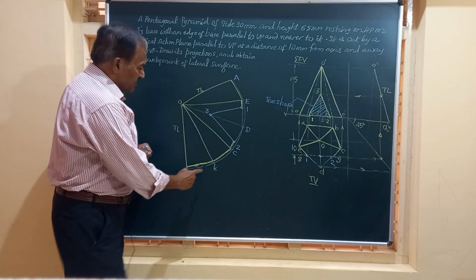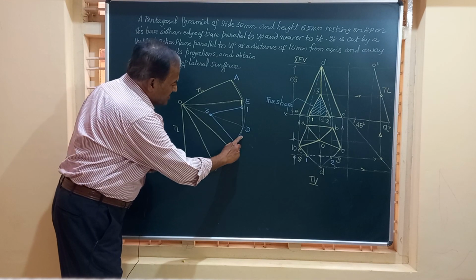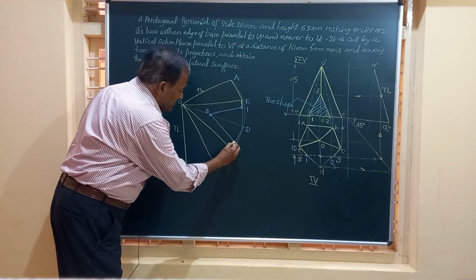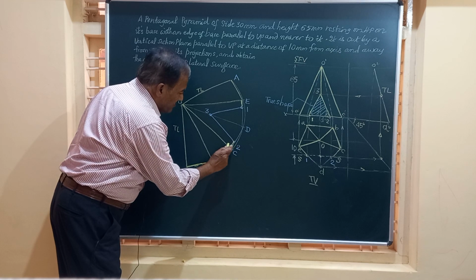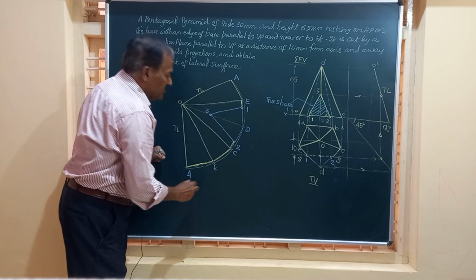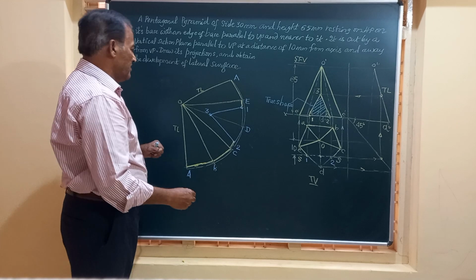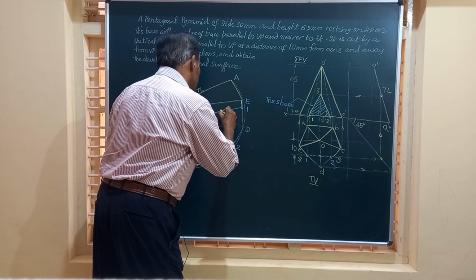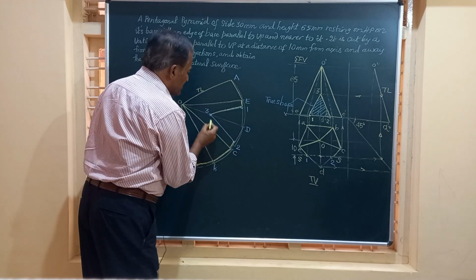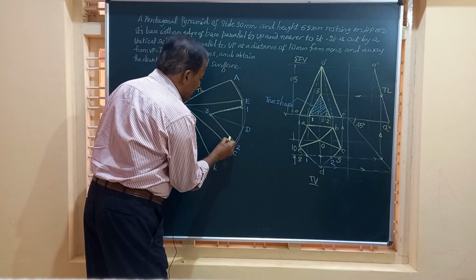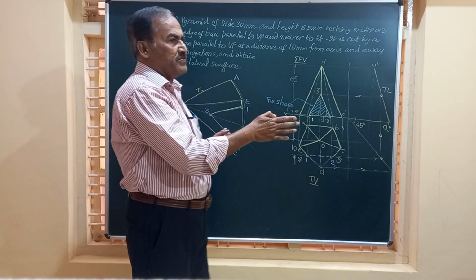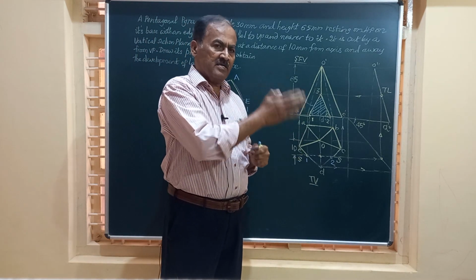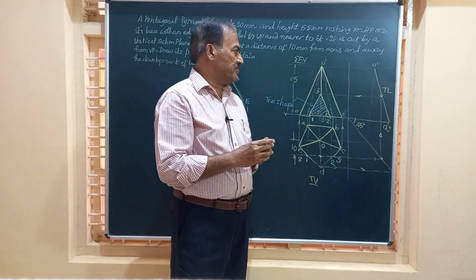And friends, you need to retain all these construction lines. So do not rub them, show them. So this is how, friends, we are going to get the development of the pentagonal pyramid, which is cut by a section plane parallel to VP and perpendicular to HP.